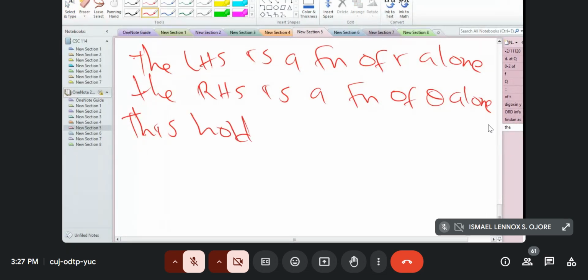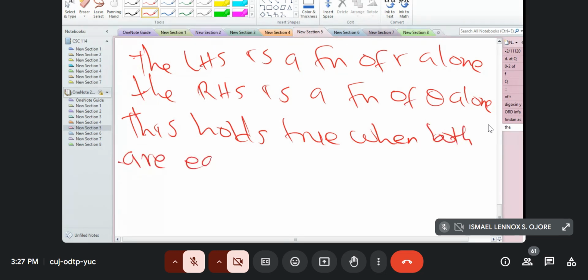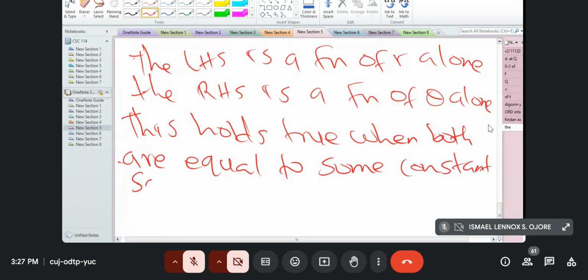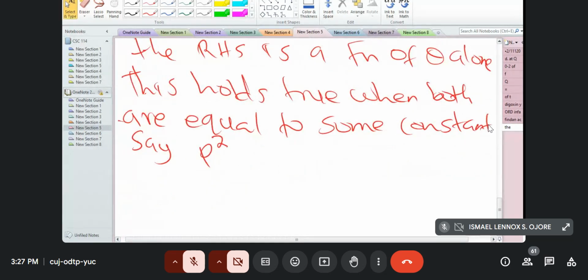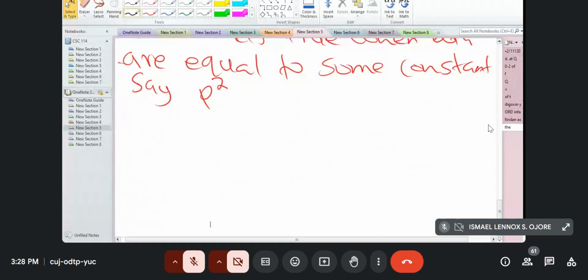This holds true when both are equal to some constant. Say, again, we're investigating the constant positive, so p squared. Let's set the two equations equal to the constant p squared.